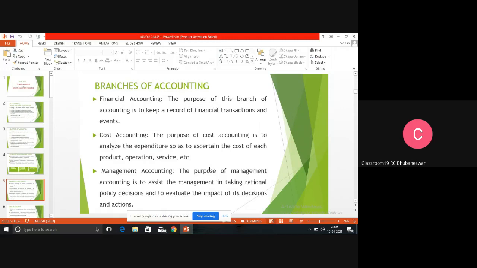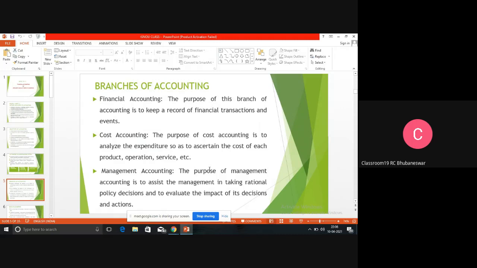When the top level authorities take decisions, they take them from past data. They need financial accounting data and cost accounting data to decide a policy. So when they need this, the concept of management accounting evolved.